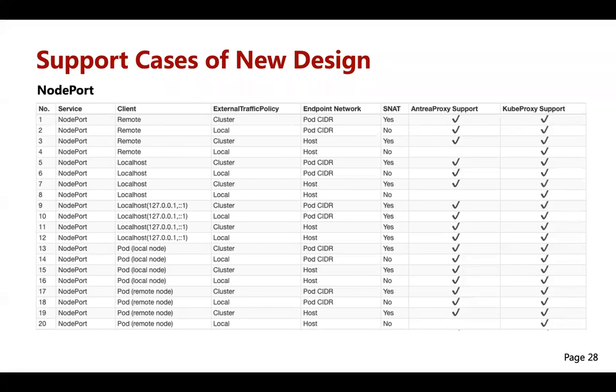The next step is how to remove AntreaProxy totally. The current design is that we use the endpoint of Kube API server to fetch the service or other information from Kube API server. This is not perfect because we fetch the information from only one API server.